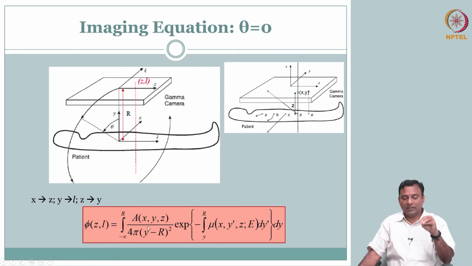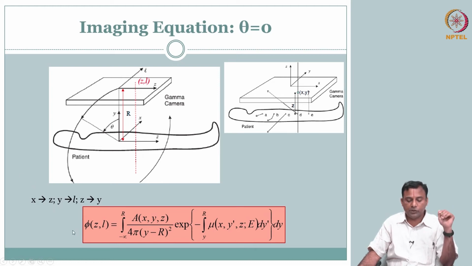It is 3-dimensional, and we leave it at 3-dimensional here. We do not change the variables here; it is only the detector that we have changed with respect to this coordinate. And then you have your decay term, because the radioactivity is coming from within the body, crossing through the body. So, body to the detector could have some attenuation. Okay. So, this is our equation, just doing this substitution.